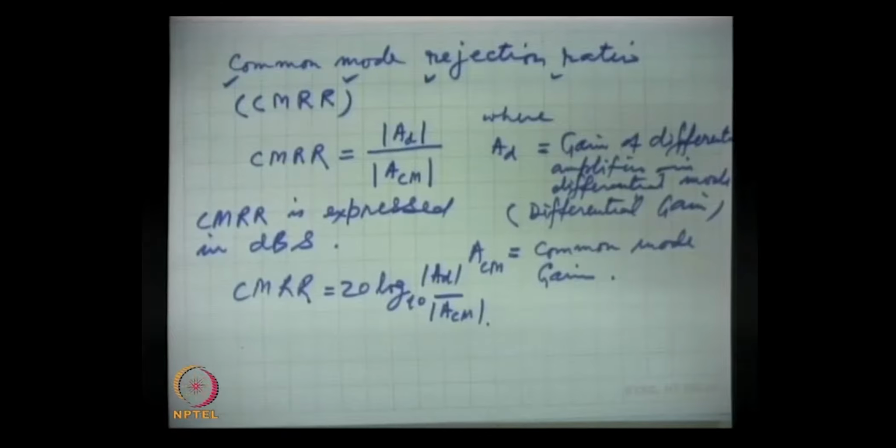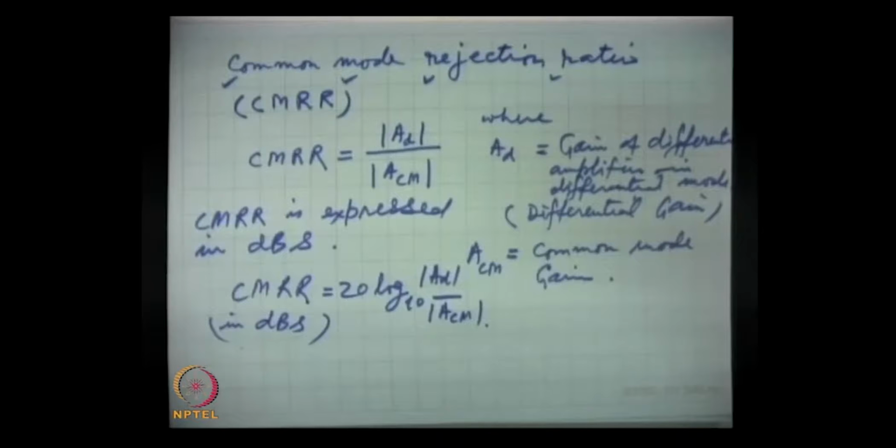This is the common mode rejection ratio in dBs.